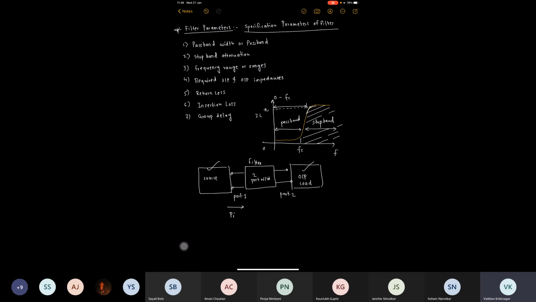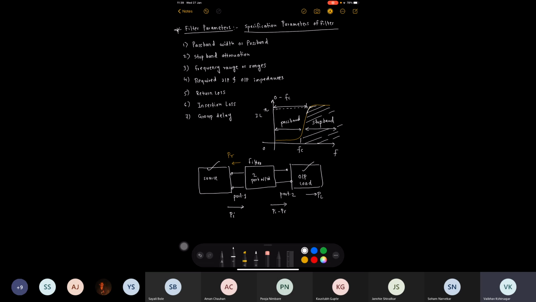The power reflected back from the input of the filter, I will label as PR, the reflected power right at the beginning of the filter. The actual amount of power delivered to the load will then be Pi minus PR. The reflected power you need to subtract from the input power, and that amount will get delivered to the output load. The final power given to the load is denoted by PL.